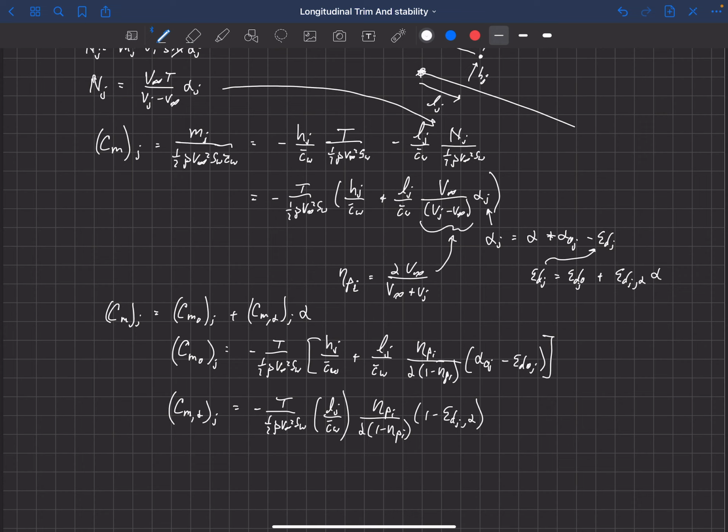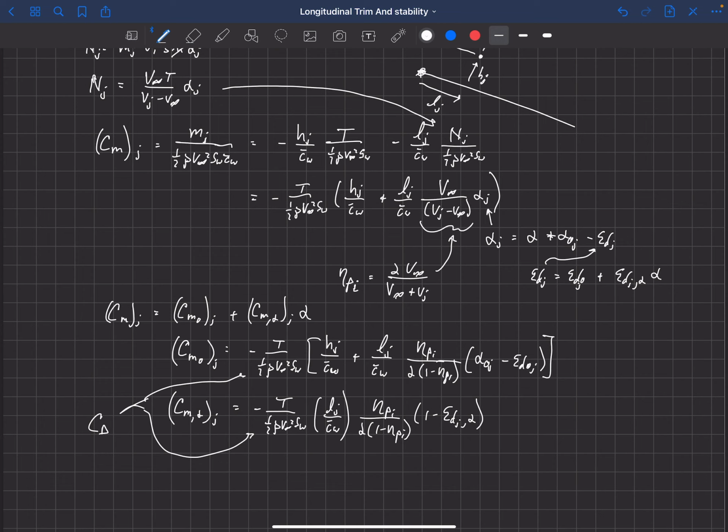Now, one thing that we did with the propellers that we can do here as well is these two terms here we can assume are equal to the drag. So that's actually a drag coefficient, or equal and opposite, or equal to our drag coefficient if the thrust is equal to drag.